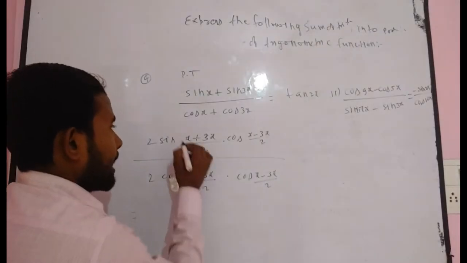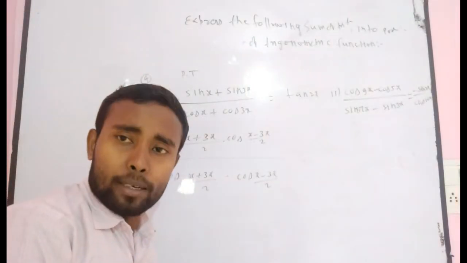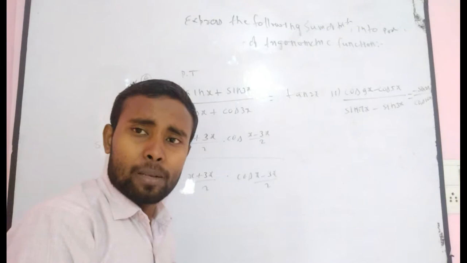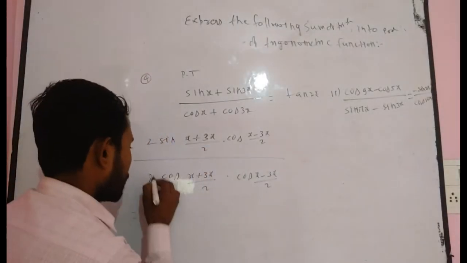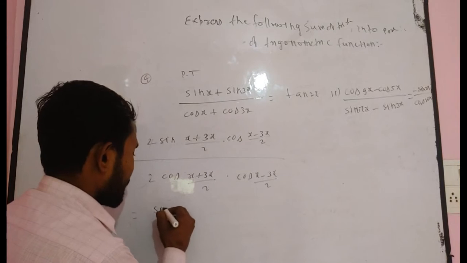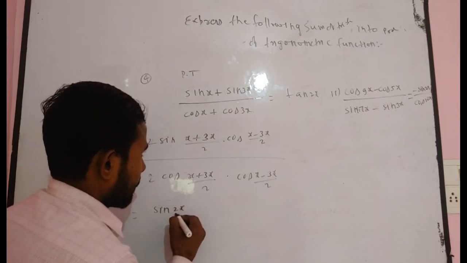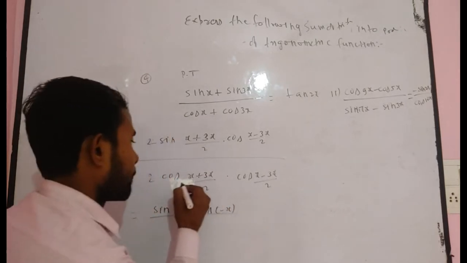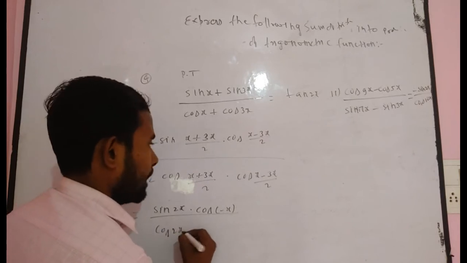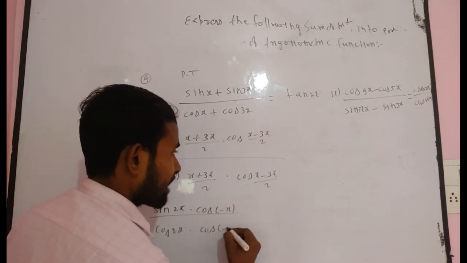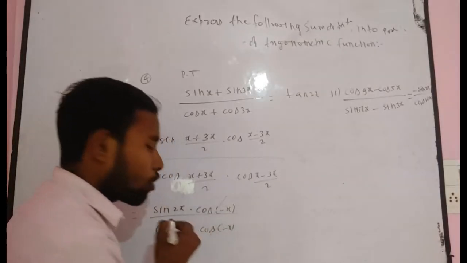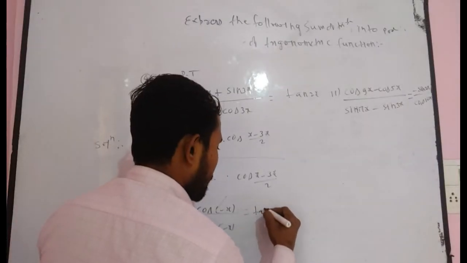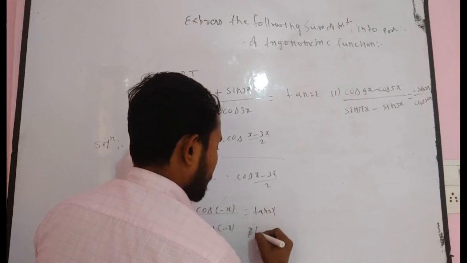Now (x plus 3x) by 2 is sin 2x, and it will be cos of minus 2x by 2, that means cos minus x. Can you write it? 2 here cancels, and it will be sin 2x into cos minus x divided by cos 2x into cos minus x. Here cos minus x will be cancelled, and finally you get sin 2x by cos 2x, that will be tan 2x. It is a very simple problem.